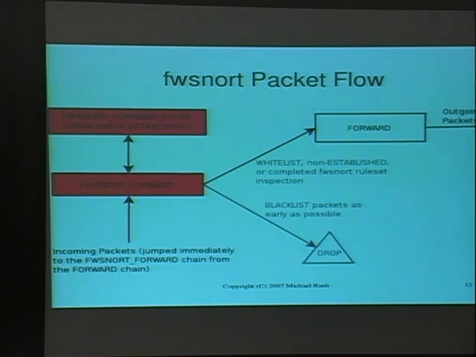If you've defined a class of traffic that needs to never be messed with or even inspected by fwsnort, the packet is hit against the return target, and so it's returned back into the forward chain for further processing for whatever rules you already have there. If the packet doesn't qualify as belonging to a whitelist, a blacklist comparison is done. So if you define an IP address to be something you never want to be able to communicate through your system, it is dropped immediately and no further processing is taken.